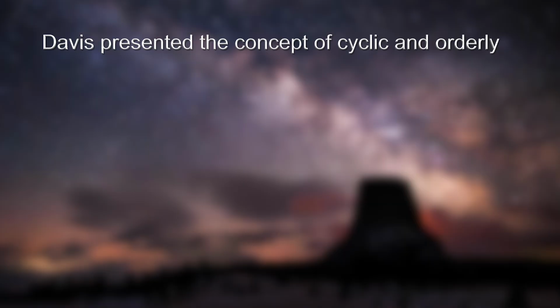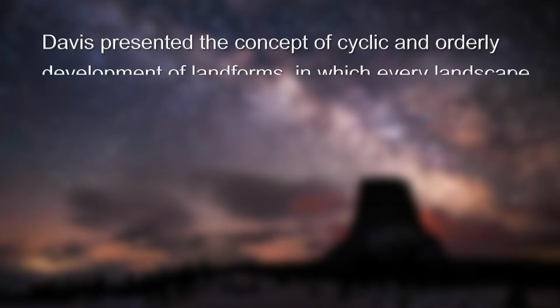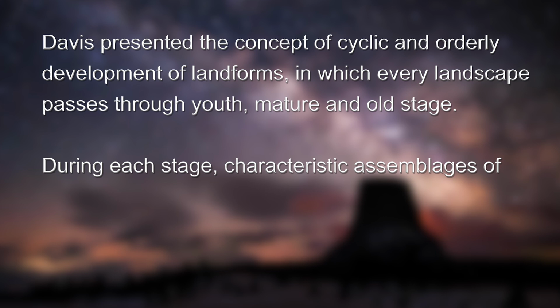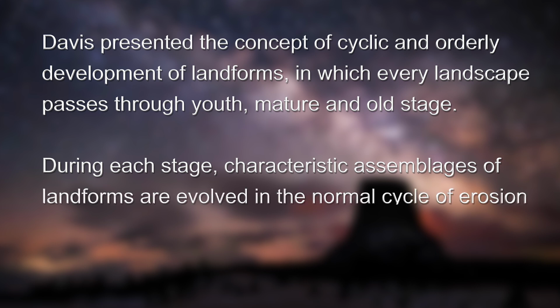These three controls are called the Davisian trio. Davis presented the concept of cyclic and orderly development of the landforms, in which every landscape passes through youth, mature and old stage. During each stage, characteristic assemblage of landforms are evolved in the normal cycle of erosion or the fluvial cycle of erosion.